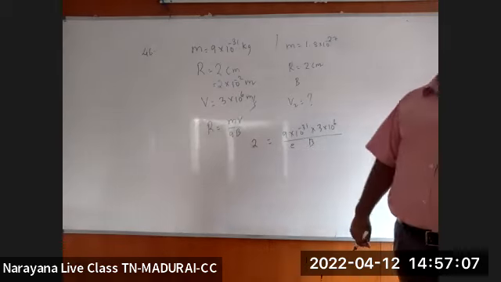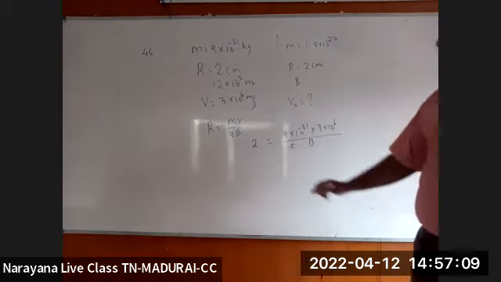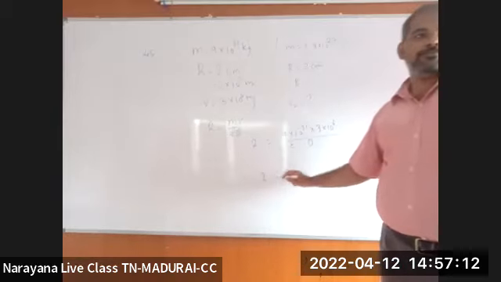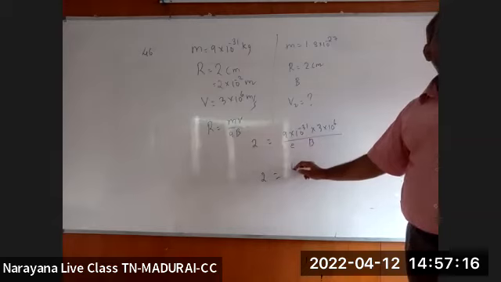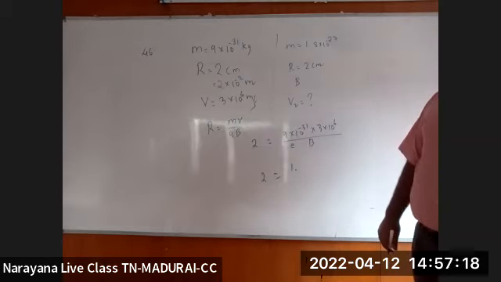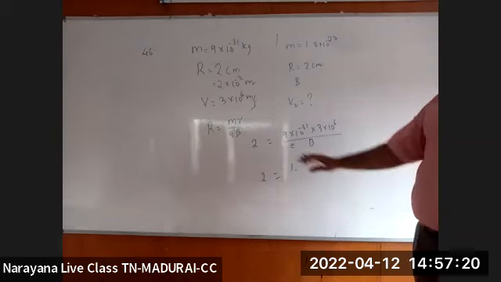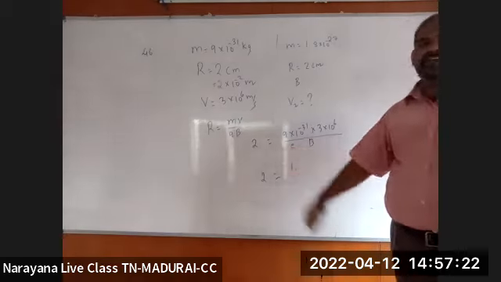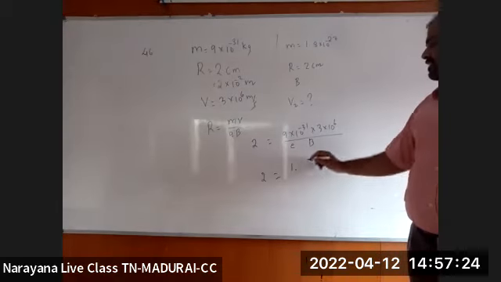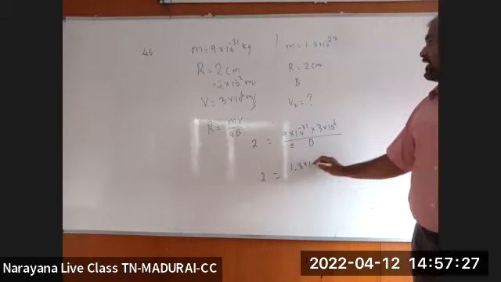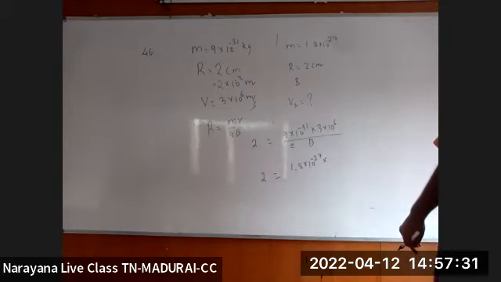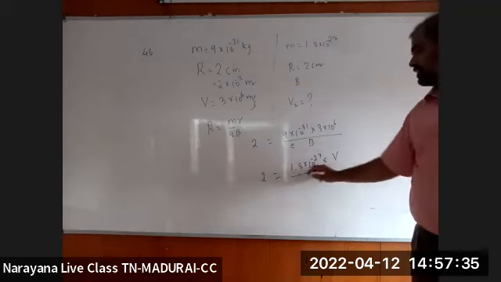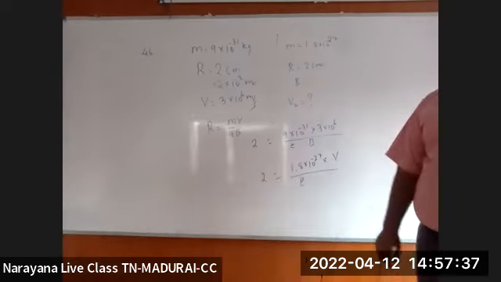For the second situation, now I will convert into an equation. The radius is again 2, correct or not? The mass is given. 10 power minus 2 and 10 power minus 2 will be cancelled out. So 1.8 into 10 power minus 27 into V value, that is only our target. What is the charge of the electron? e.